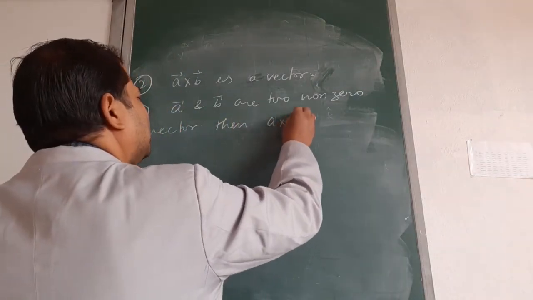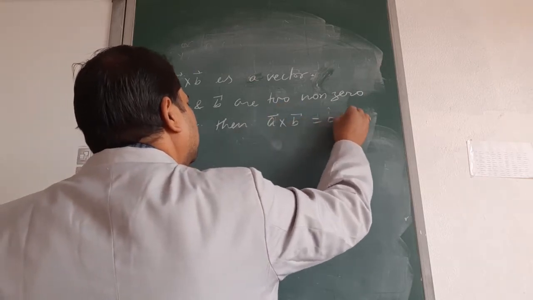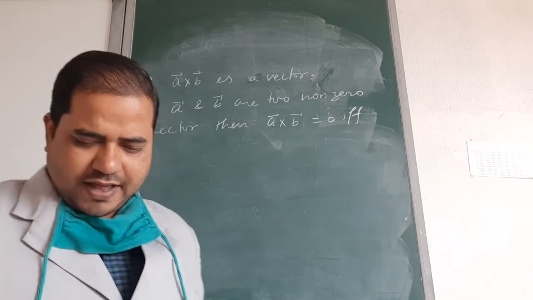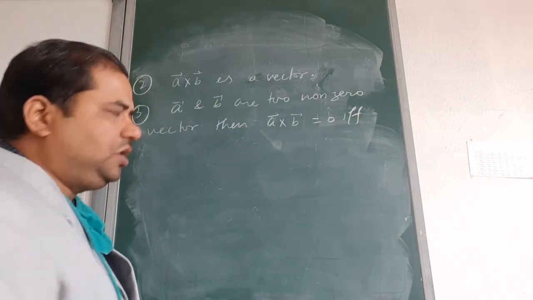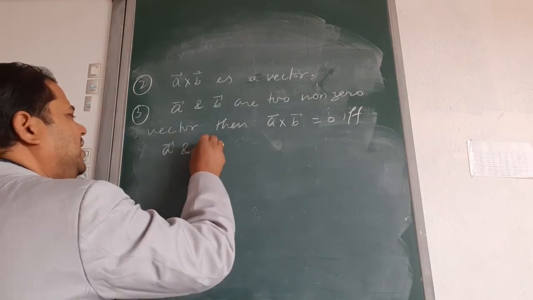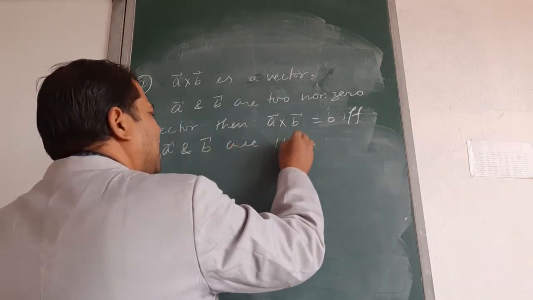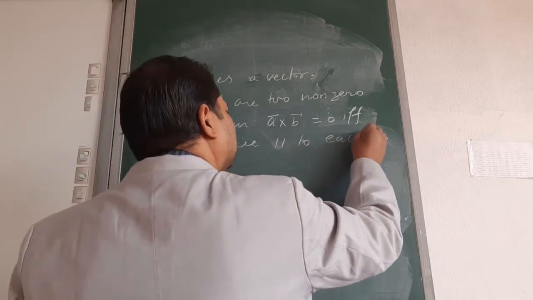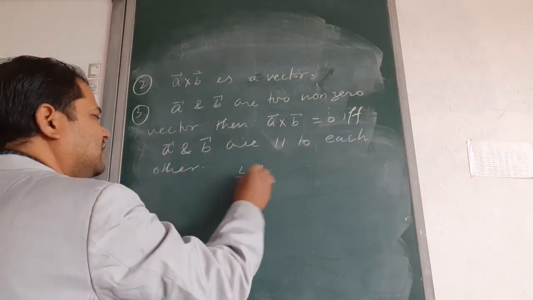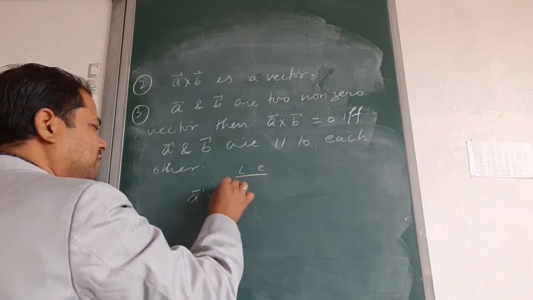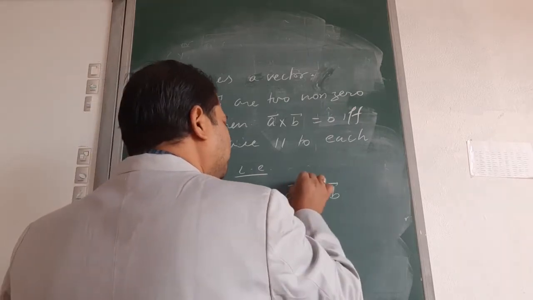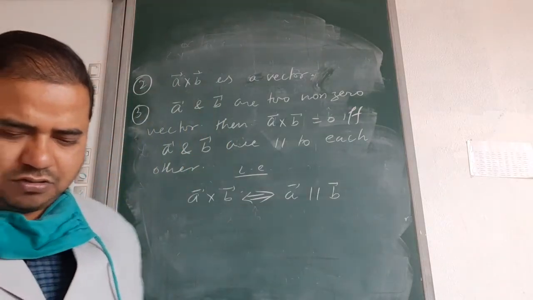Then A cross B is equal to 0 if and only if A and B are parallel to each other. That is, A cross B must be 0 if and only if A is parallel to B.